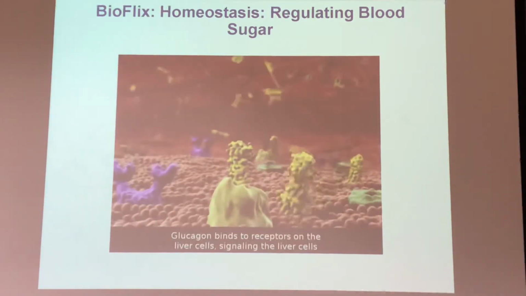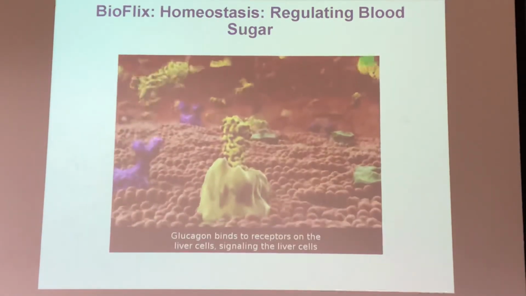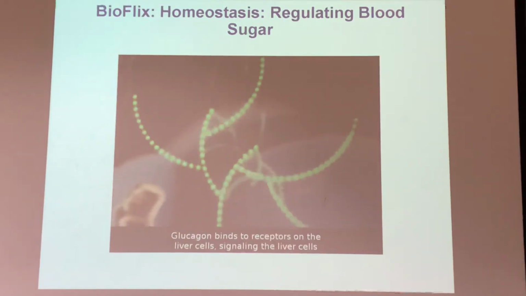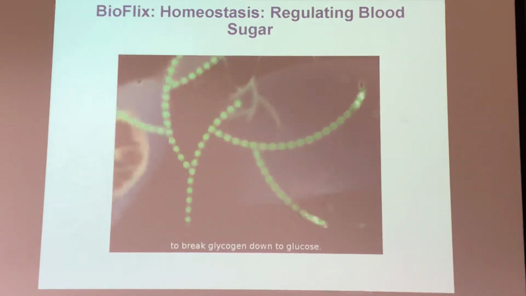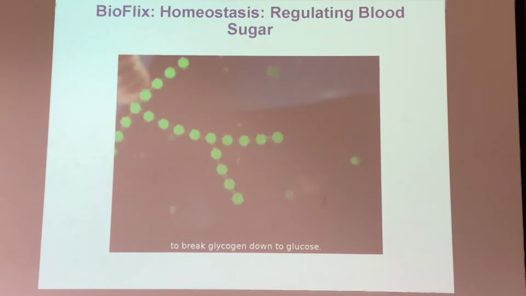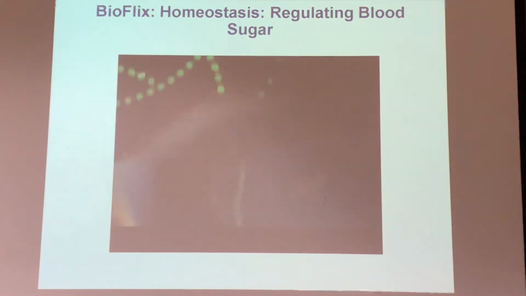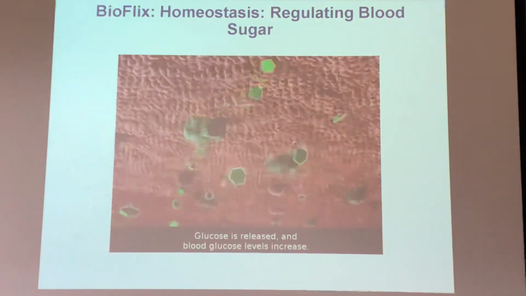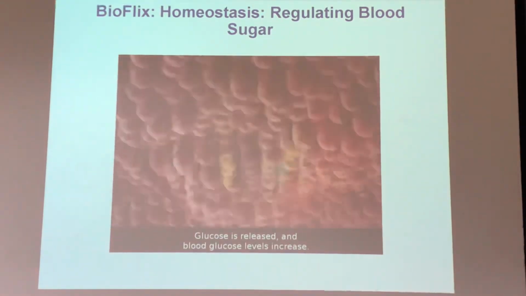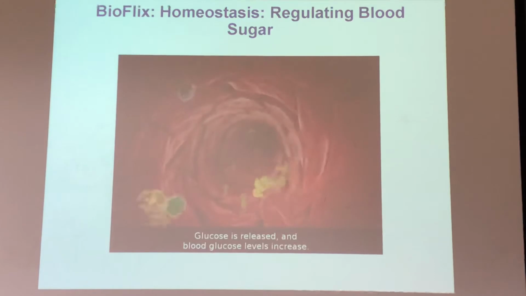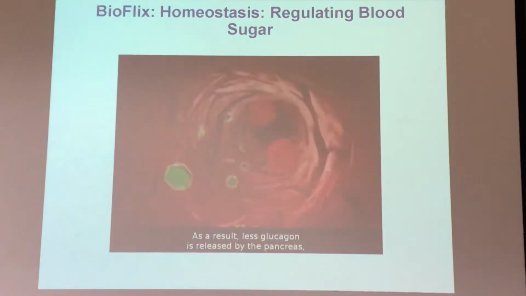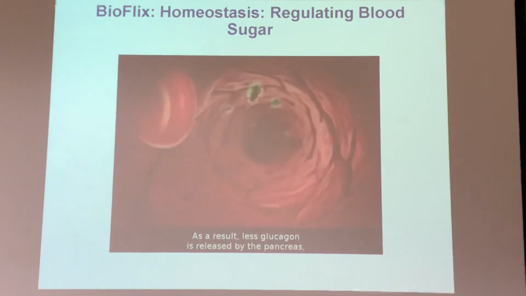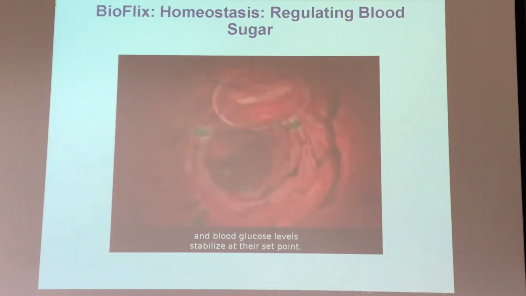Glucagon binds to receptors on the liver cells, signaling the liver cells to break glycogen down to glucose. Glucose is released, and blood glucose levels increase. As a result, less glucagon is released by the pancreas, and blood glucose levels stabilize at their set point.